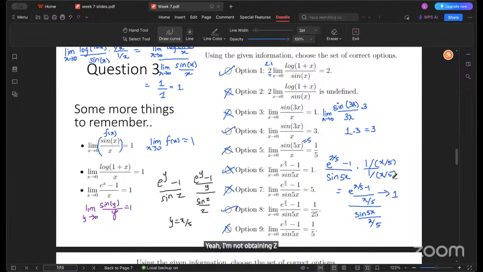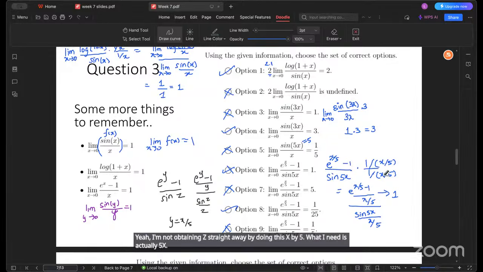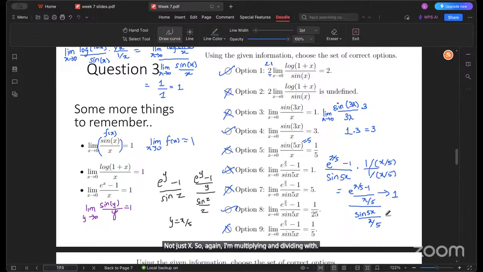By doing this x by 5, what I need is actually 5x, not just x. So again, I'm multiplying and dividing with 5. Not 5x, 5 only. Already I have x. So it becomes 5x by 5, sine 5x, and then you have already x by 5.